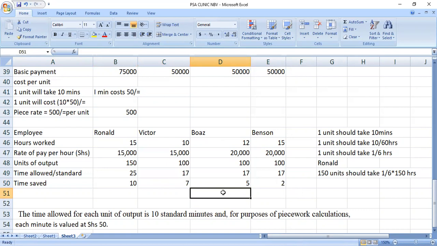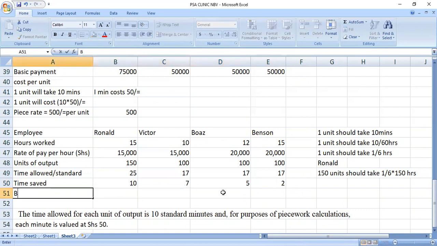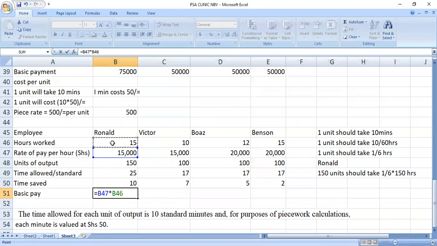So we can get their basic pay. The basic pay is given by the hour rate, which is 15,000 for Ronald and Victor, times the time taken. And the time taken in this case is 15 for Ronald.